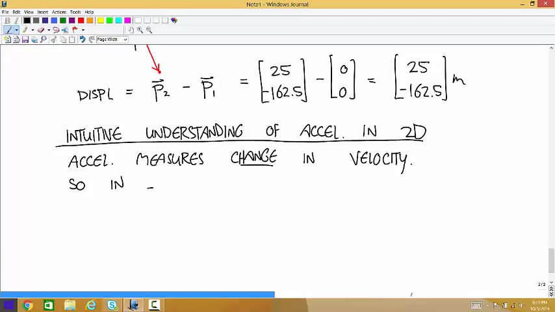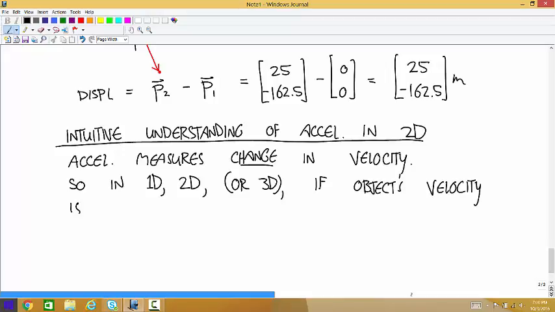So in 1D, like motion along a line, or 2D, or 3D, we're not doing those kind of problems, but if the object's velocity stays constant, the acceleration is 0.